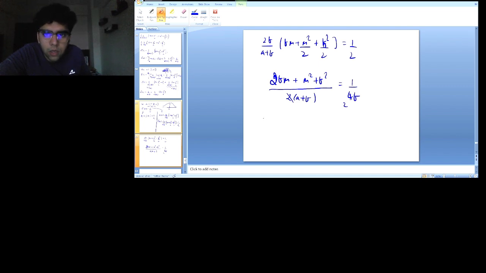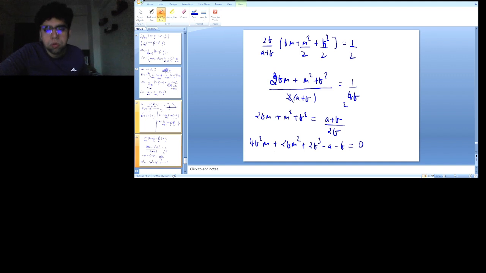This gives me 2bm plus m square plus b square is equal to a plus b upon 2b. Multiplying 2b here, 4b square m plus 2b m square plus 2b cube minus a minus b is equal to 0. So solving this equation will give me a certain value of m.